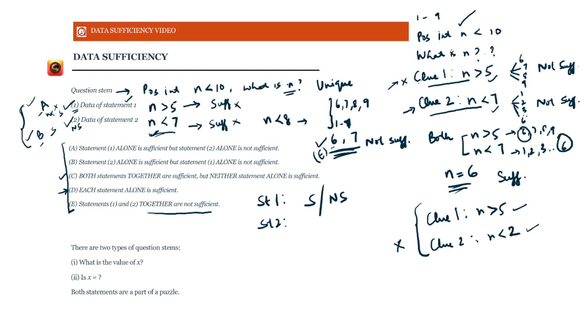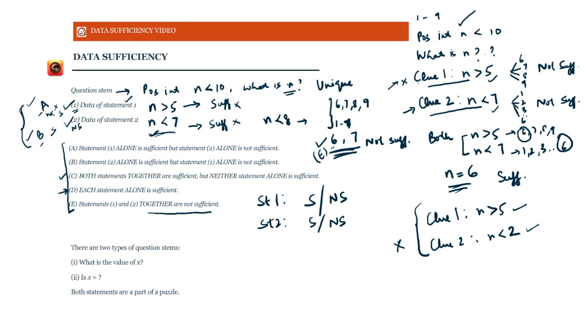Then we review statement 2. We have to review statement 2 also, even if statement 1 is sufficient. Both statements have to be reviewed independently. This is like having two small questions in one question. Both have to be solved. So then again, we find out the sufficiency versus the not sufficiency of statement 2.